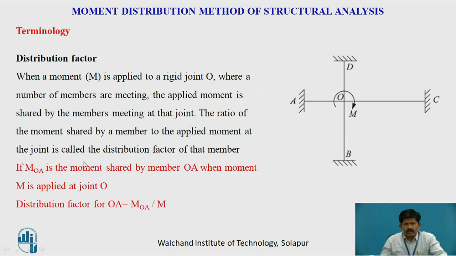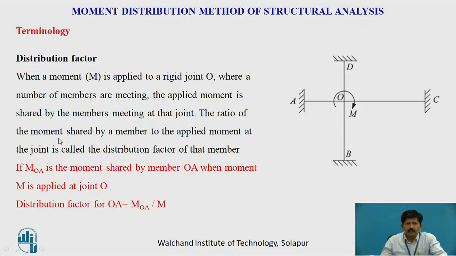Distribution factor. When a moment M is applied to a rigid joint O, here this is the rigid joint O and it is connected by various members, that is, members OA, OB, OC and OD are connected here. The applied moment will be shared by the members meeting at that joint.